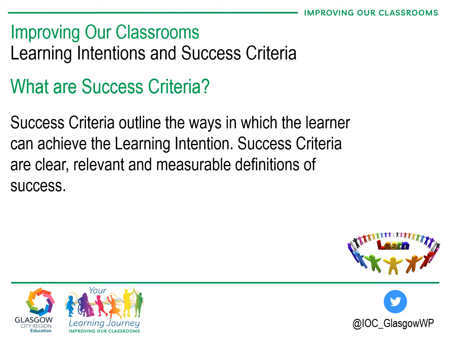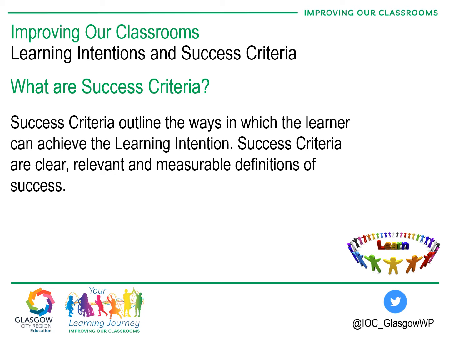So now, to consider success criteria and how we make them as effective as we possibly can, we first start to ask ourselves, well, what are success criteria? As we've suggested, it outlines the way in which the learner can achieve the learning intention. They must be clear, again, that unambiguous language that we spoke about for learning intentions.